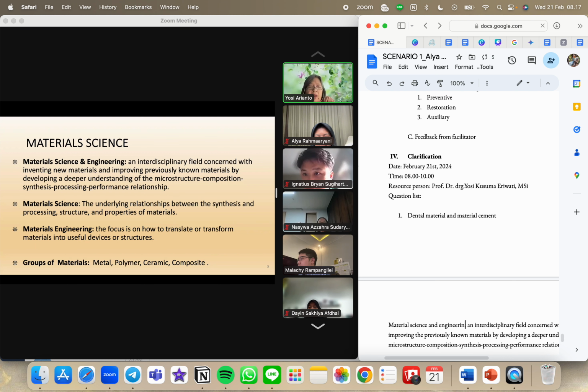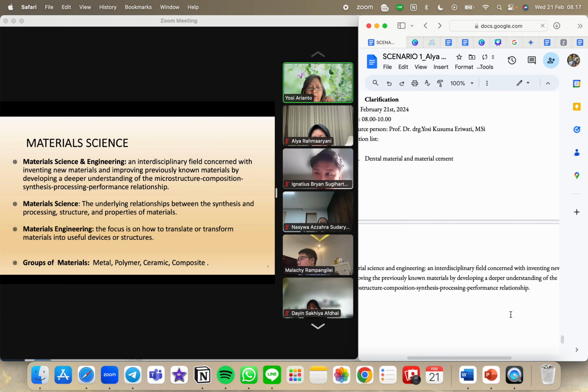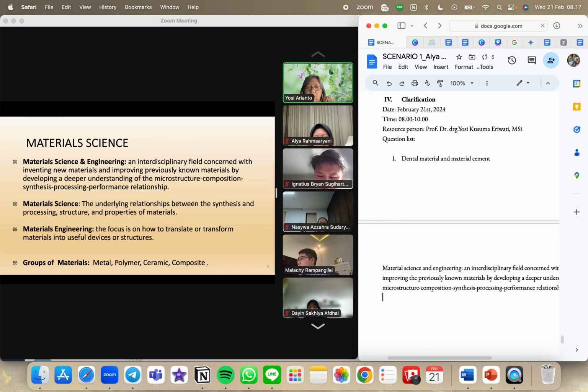Yeah. And materials engineering, the focus is on how to form the materials into useful devices or structures. Okay. So it is the technology on how to make or transfer the material into useful devices.